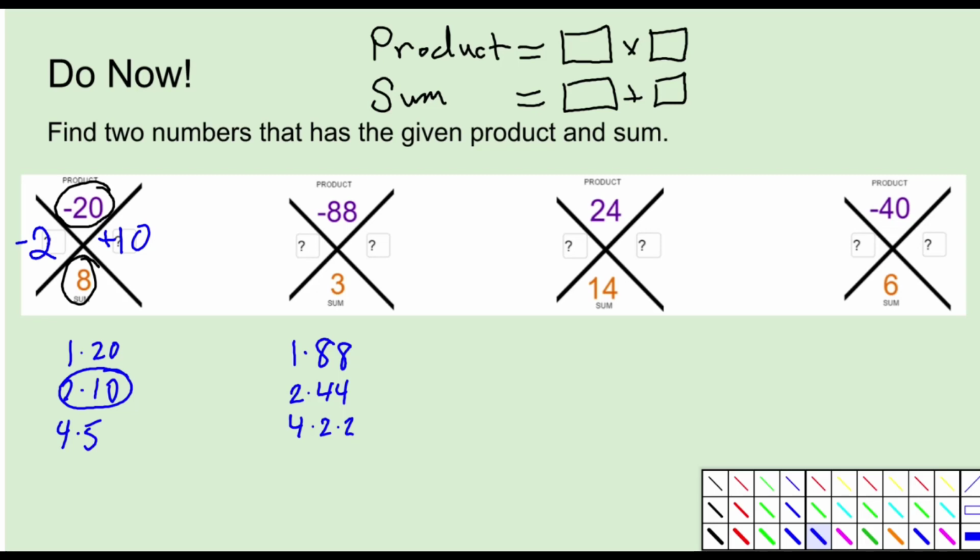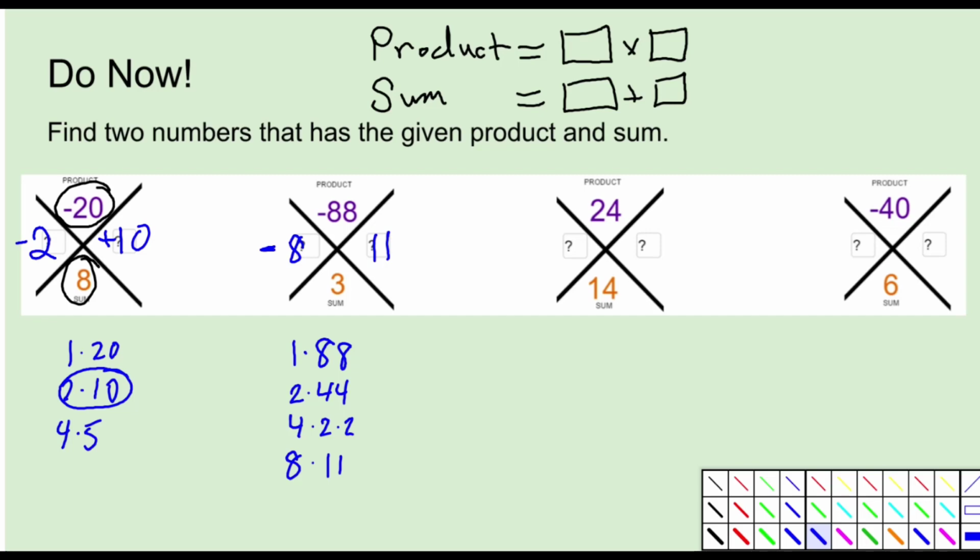So 3 is not going to work, 5 is not going to work, 6 isn't going to work. But the one I really know is going to work is 8. When I see 88 like that, I think 8 times 11. So 8 and 11 look like good choices because they multiply to give you 88. And if we subtract them, I need to make a negative 8. And there we go, that will work out.